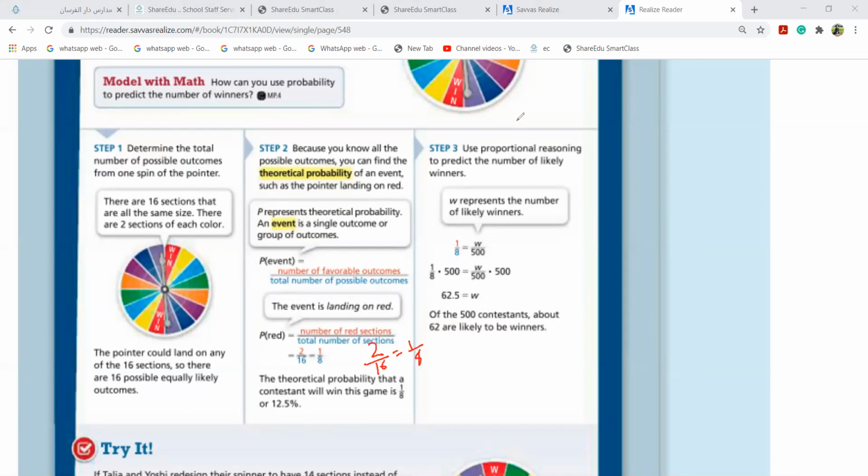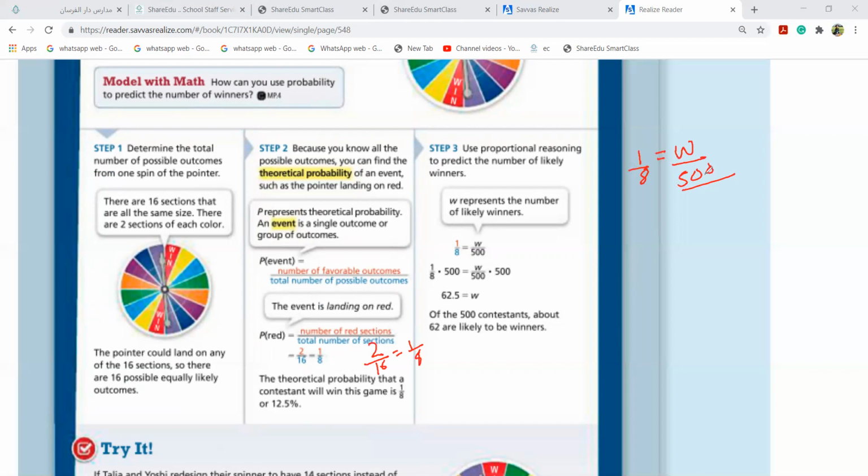But finally, what is the proportional reasoning to predict the number of likely winners? I'll do 1 over 8 equals W over 500. Girls, now you'll say, teacher, where does this 500 come from? These are the possible outcomes, 500 are the possible outcomes.